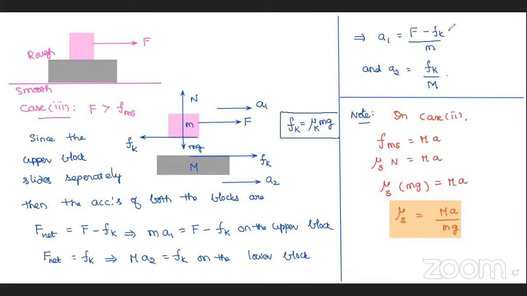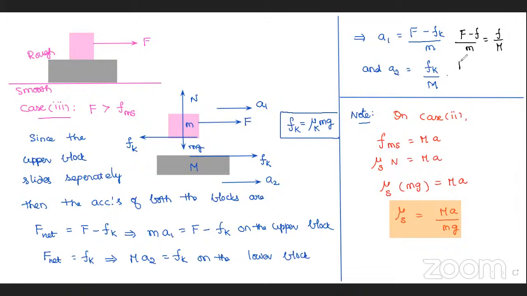From case 3. Okay, so here only I am writing, you observe. Since both are moving with the common acceleration, F minus this friction. Common acceleration means not kinetic, Nana. That is static or FMS. So F minus F by M is equal to F by capital M.